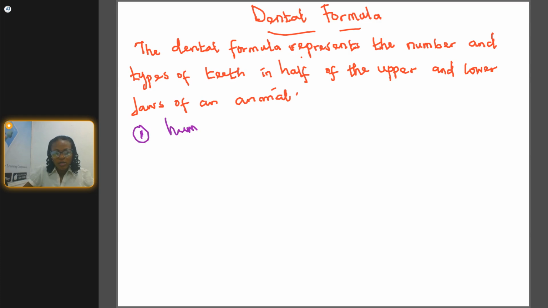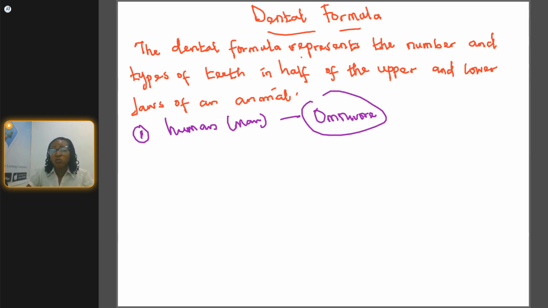So for human, or for man generally, don't forget we are omnivore. We classify ourselves as omnivore because we feed on animals. We eat chicken, we eat different animals. So we have 2/2, 1/1, 2/2, and 3/3.